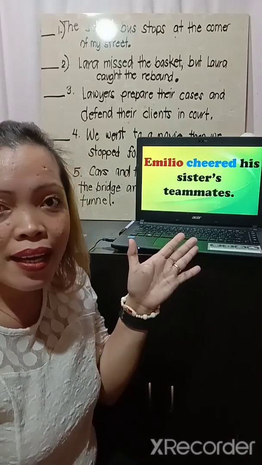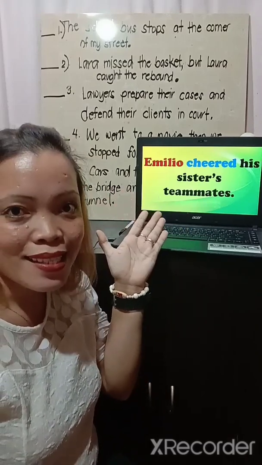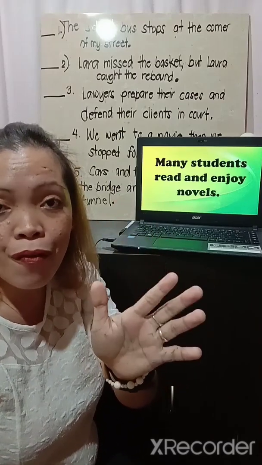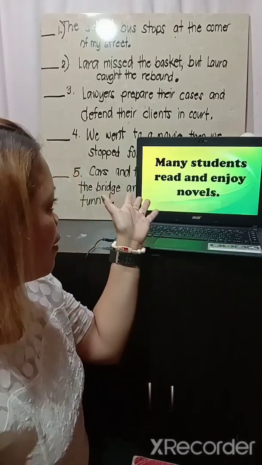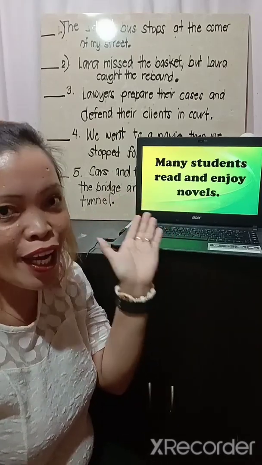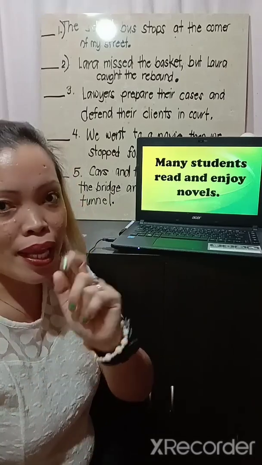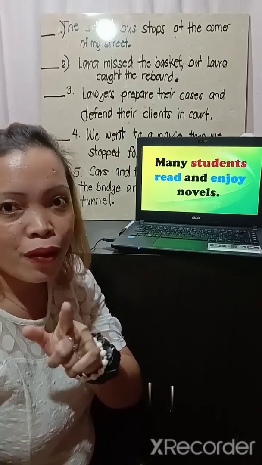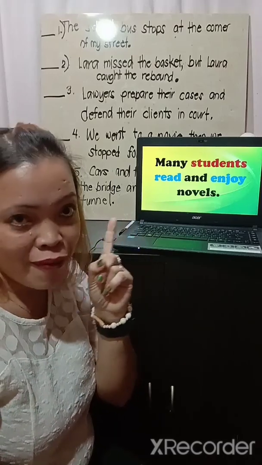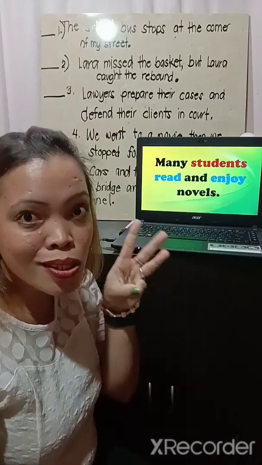That is an example of a simple sentence. Let's have another example. A simple sentence can also be formed like this: many students read and enjoy novels. Our subject is only one, and for the predicate we have two, read and enjoy.